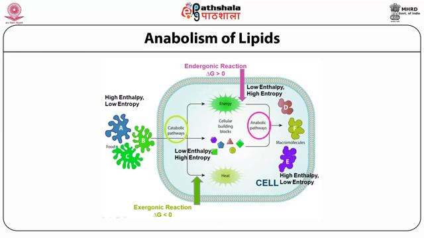The delta G represents the free energy, and in a cell, the anabolic pathway and catabolic pathway go on simultaneously.